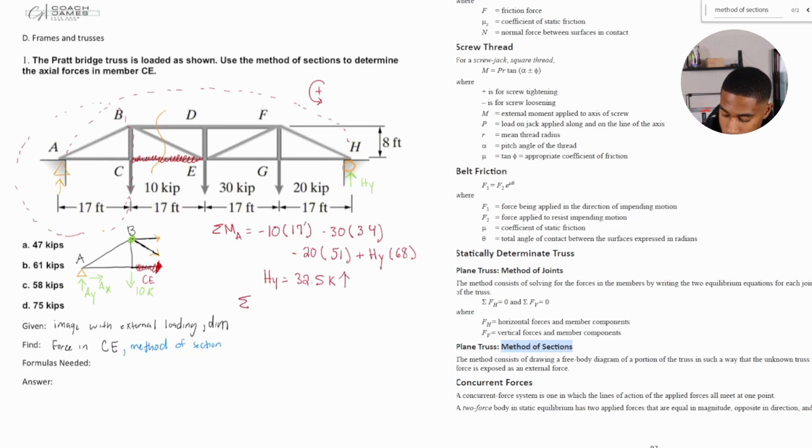All right, so now we can do sum of the forces in the Y direction. We know that we have a reaction that we don't know, AY. We know that we have some forces: minus 10 kips is the first force, minus 30 kips is the second force, minus 20 kips, third force, and then we have that reaction force plus 32.5. All right, what is AY?